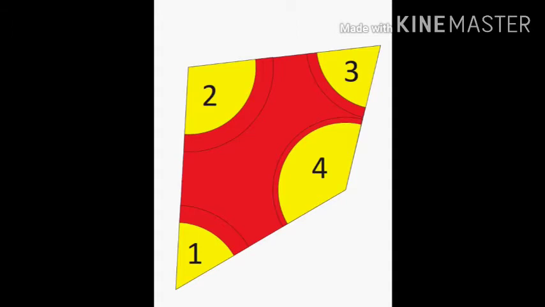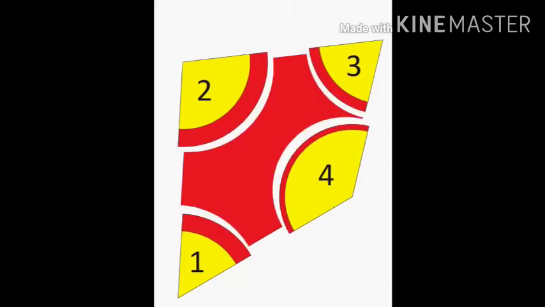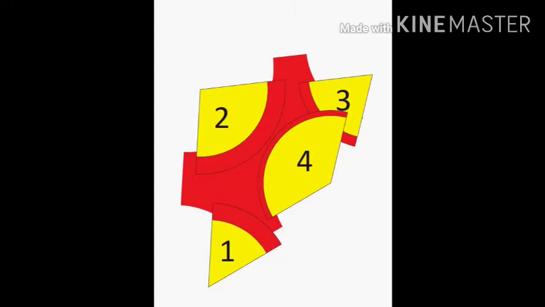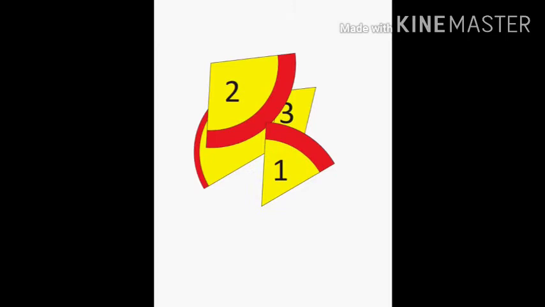The next step which we will follow in this activity is cutting down the angles. We will cut down all the four angles and will place those angles in a manner such that each and every angle intersects at a common point.